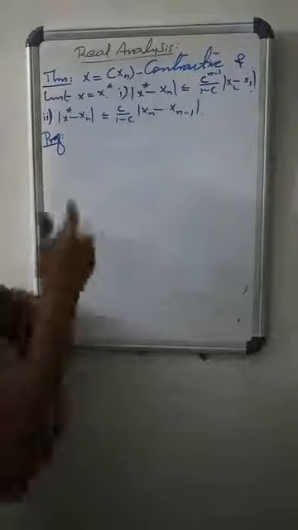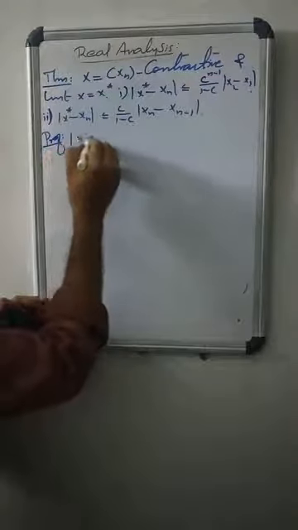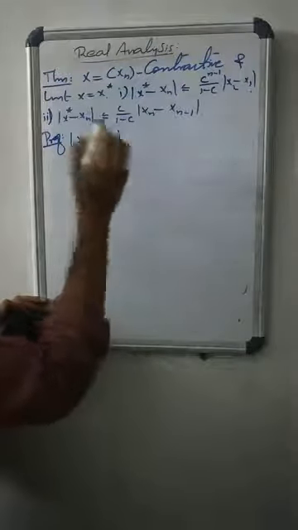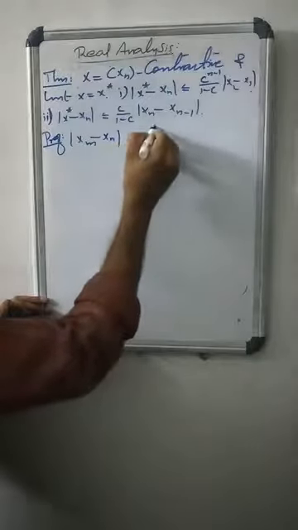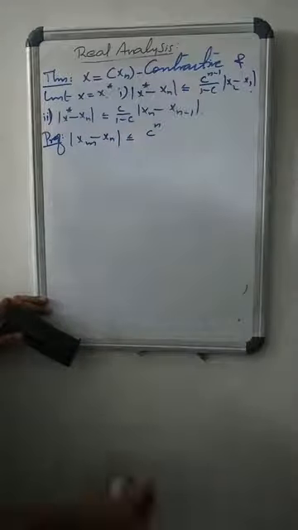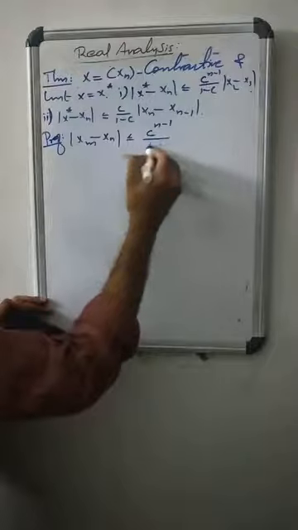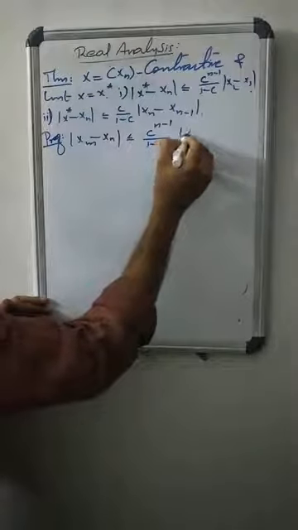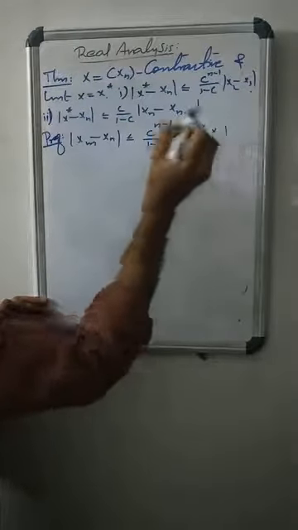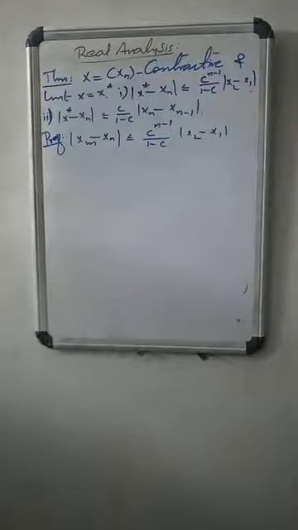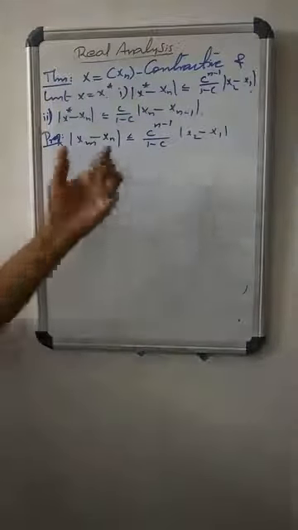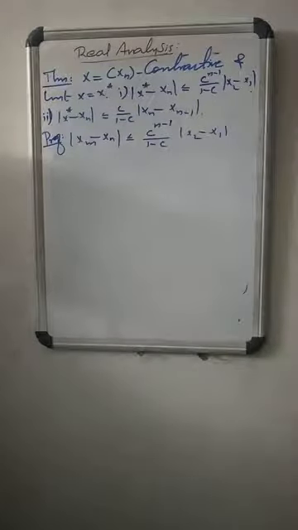Also we see that modulus of xm minus xn less than or equal to c power n minus 1 divided by 1 minus c into modulus of x2 minus x1.